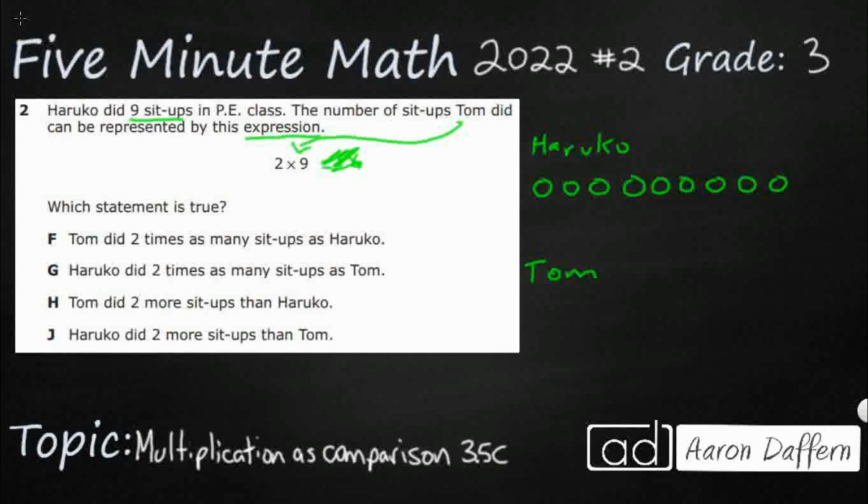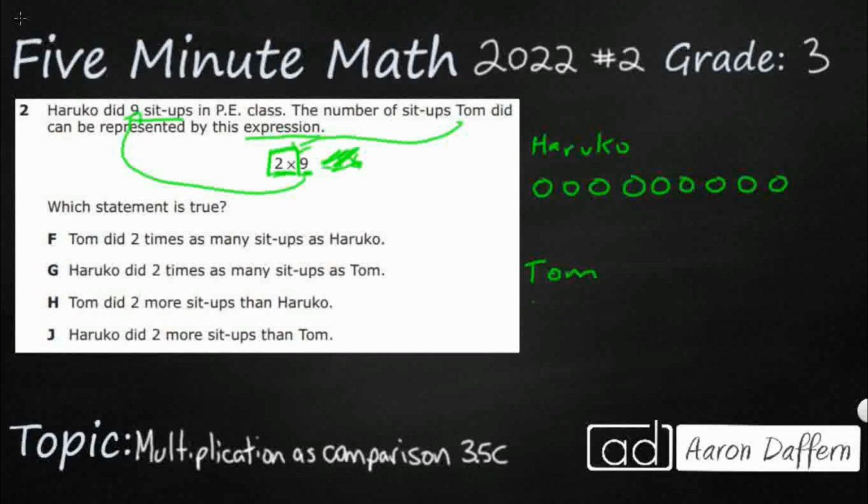So Tom, you see how it says the number of sit-ups that Tom did is represented by this expression 2 times 9. Well, this 9 is how many that Haruko did. So this 2 must represent something that relates to Tom.